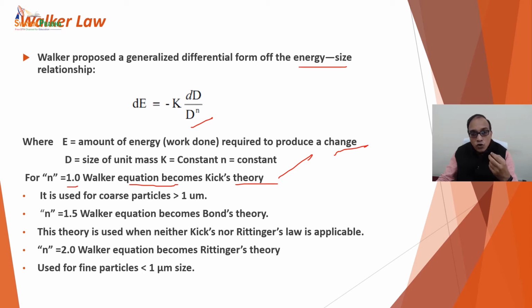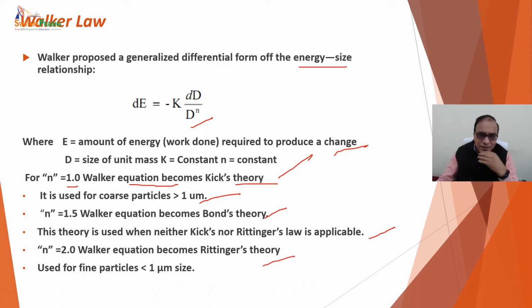It is used for coarse materials. When n is equal to 1.5, the Walker equation becomes Bond's theory. This theory is used when neither Kick's nor Rittinger's law is applicable, so we can use Walker's law. When n is equal to 2, the Walker equation becomes Rittinger's theory.